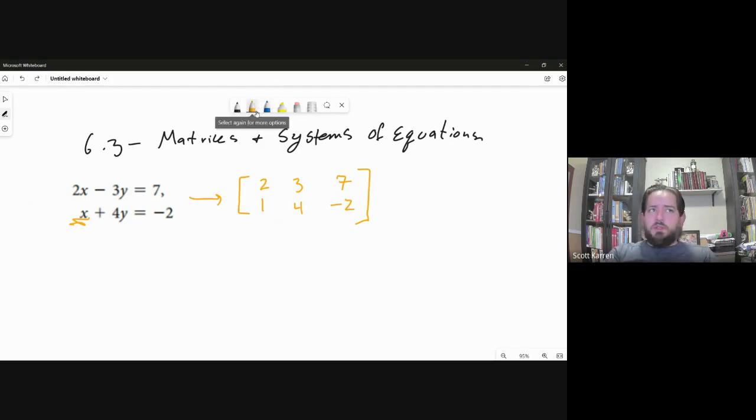The one thing that you will see is when you write the coefficients, that 7 and -2, a lot of times you'll see a bar that separates the left-hand coefficients from the right-hand constants. And so if I take just this left-hand side and don't write those constants, this part of it is called the coefficient matrix.